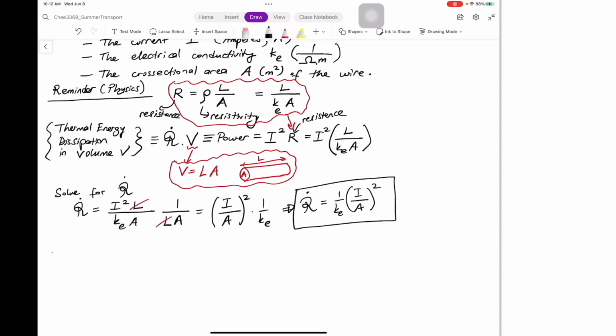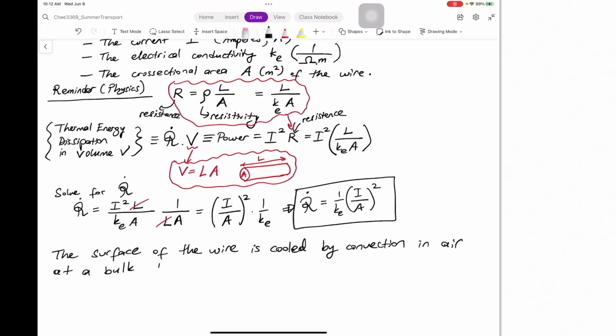And let's say the surface of the wire is cooled by convection in air at a bulk temperature T air.